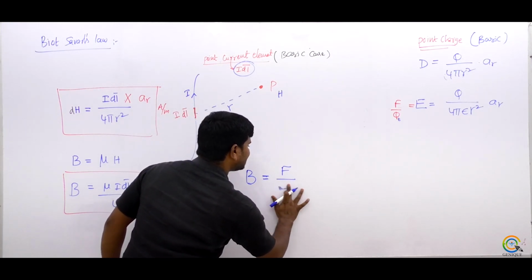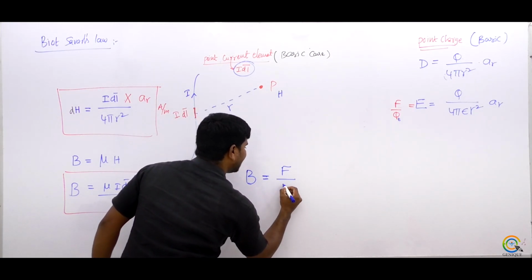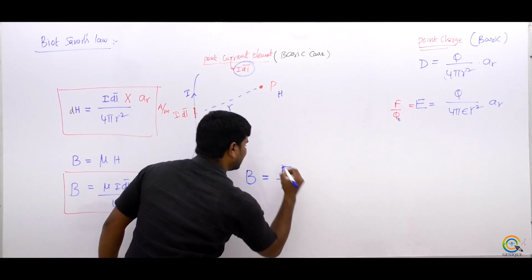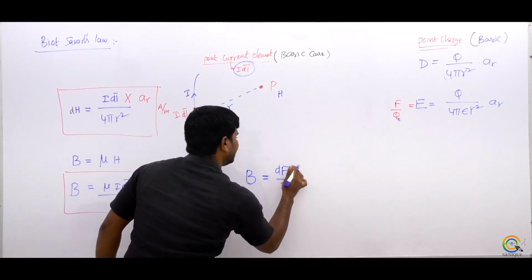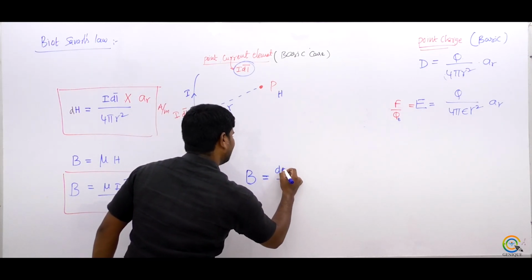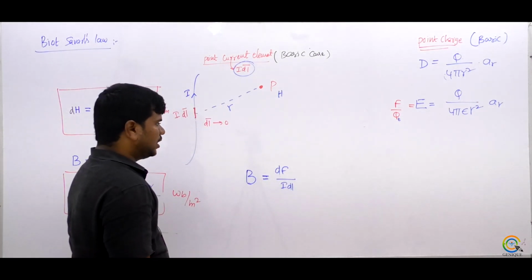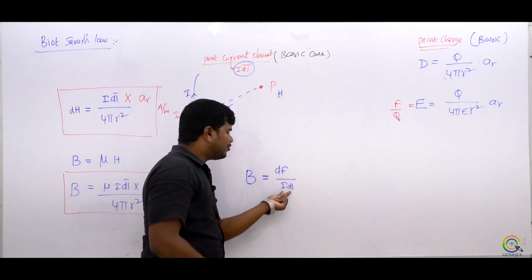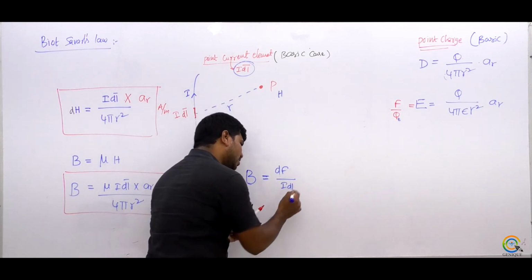What is the cause here? The cause here is I dl. Let us suppose we write dF, or you can also write F divided by I dl.